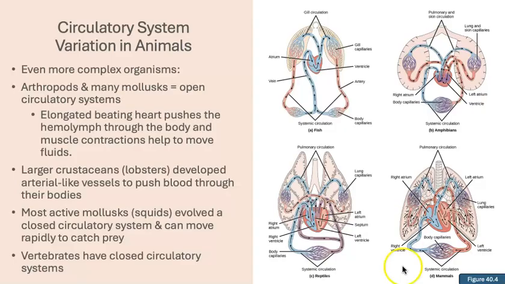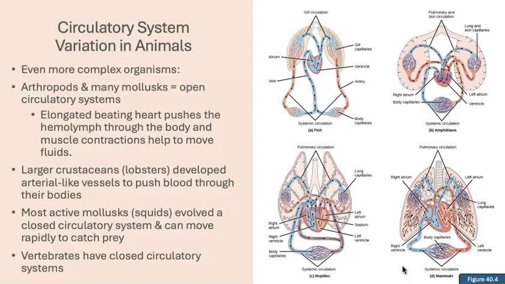When we have larger crustaceans like lobsters, they're going to develop arterial-like vessels that are going to help to push blood through their bodies, mostly because we are able to create pressure within their bodies, right? And our most active mollusks, which are squids, have evolved by having a closed circulatory system and can move rapidly because of this to catch their prey.